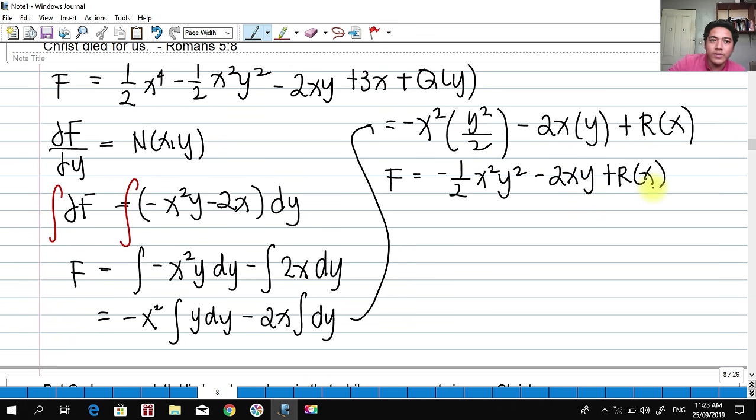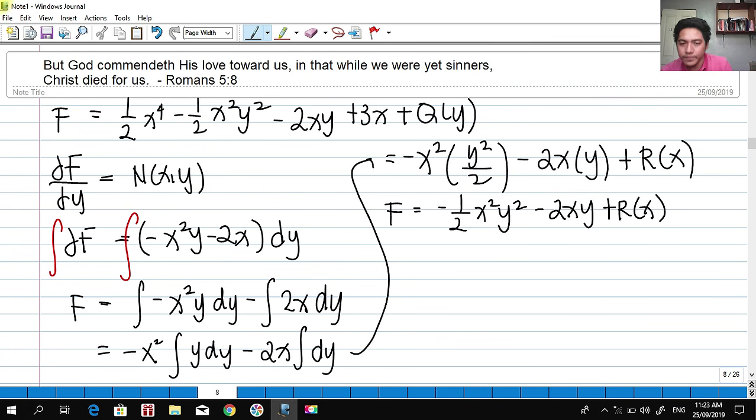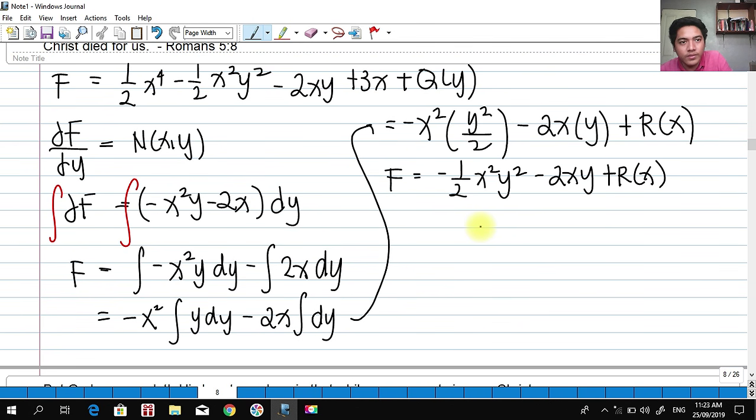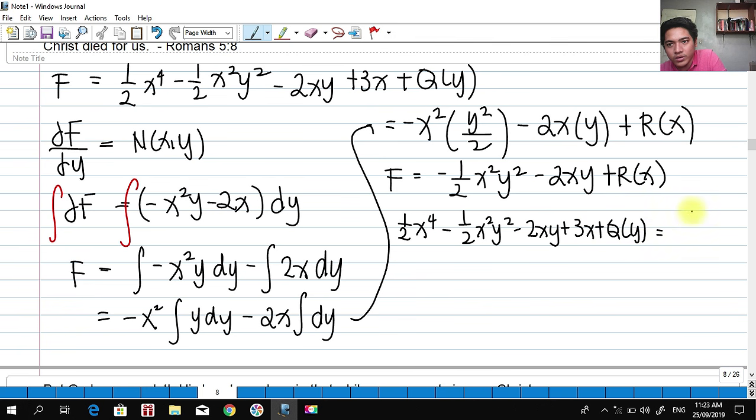And the last step is actually to determine the value of r of x and q of y. So, if we are to equate the two, we should equate first this. We have 1/2 x raised to 4 minus 1/2 x squared y squared minus 2xy plus 3x plus q of y is now equal to negative 1/2 x squared y squared minus 2xy plus r of x.